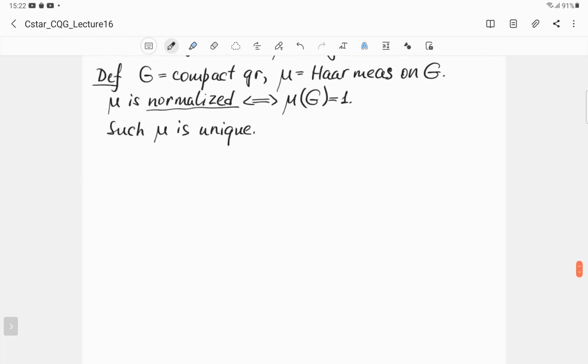So suppose that, again, G is a compact group, and suppose that mu is a positive Radon measure.